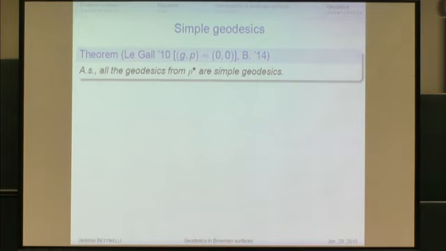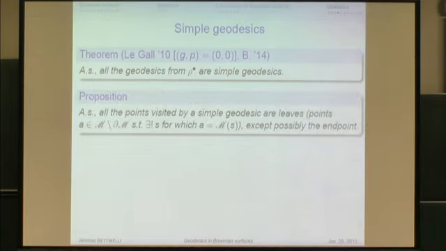Now that we know how all the geodesics are constructed, we can say some interesting things about these geodesics. Let's start with a proposition. It says that almost surely all the points visited by a simple geodesic are leaves. Leaves in the sense that they are points that are visited only once when you do the contour of your CRT-like object.